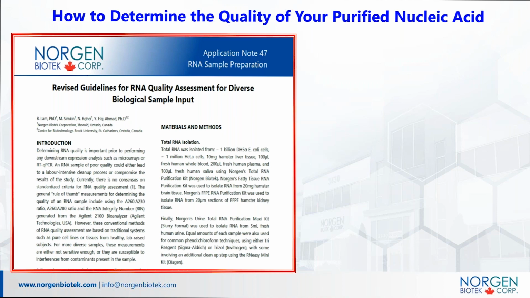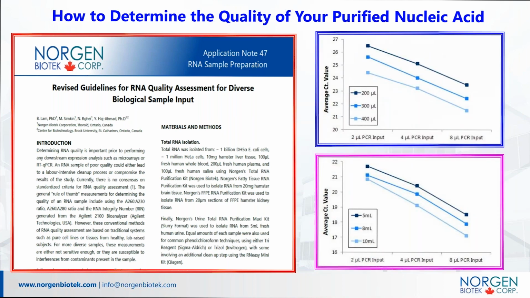So now, if you are deciding on your quality based on 260/280, especially if you're isolating DNA or RNA from plasma or serum, this will not give you a good indication of the quality. In order to know the actual quality of your DNA or RNA, we recommend being also PCR based.